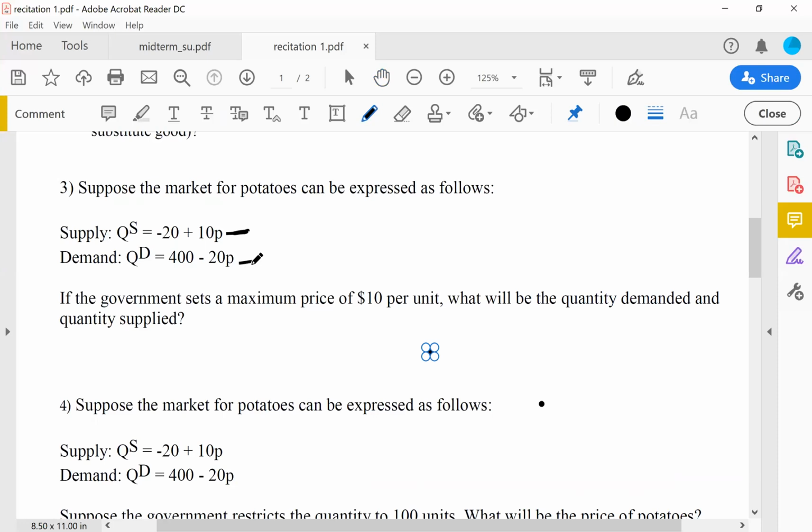Without looking at the rest of the question, let's find the equilibrium quantity and equilibrium price without the intervention. So it will be minus 20 plus 10p is equal to 400 minus 20p.